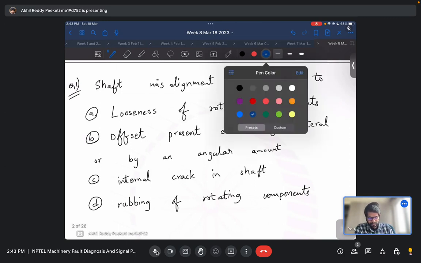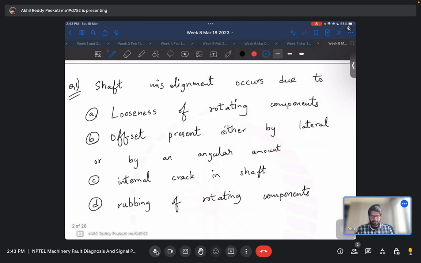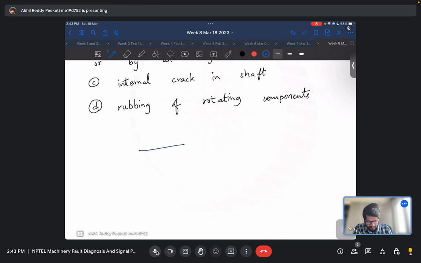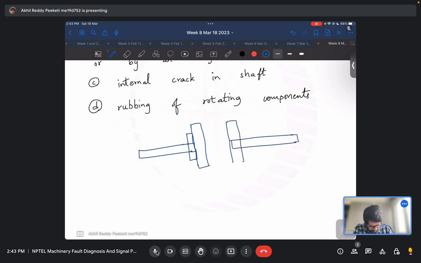So shaft misalignment basically means, in general cases, you have one shaft that drives the system, connected to a shaft that is getting driven. Now if there is any misalignment between these two shafts, that leads to the problem of misalignment if they are not aligned perfectly concentric.